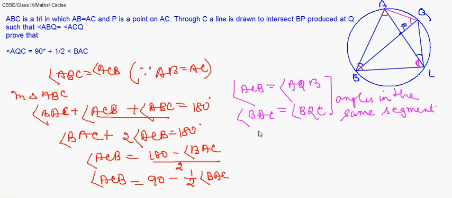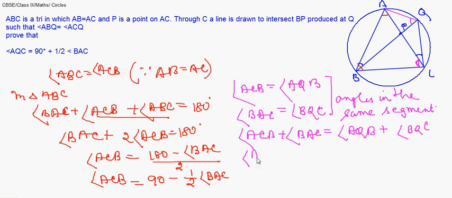So if we add these two, ACB plus BAC will then be equal to AQB plus BQC. Now AQB plus BQC makes the whole of angle Q. So we write ACB plus BAC is the whole of angle Q, which we can write as angle AQC.